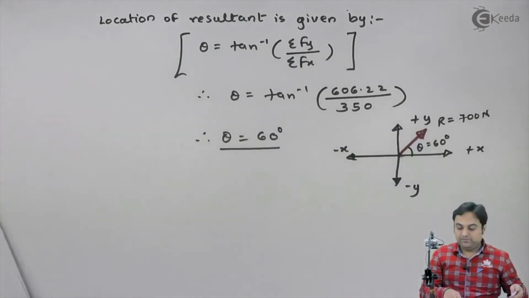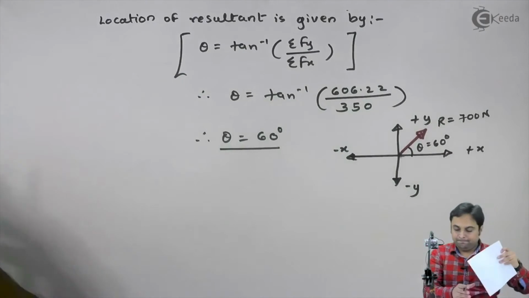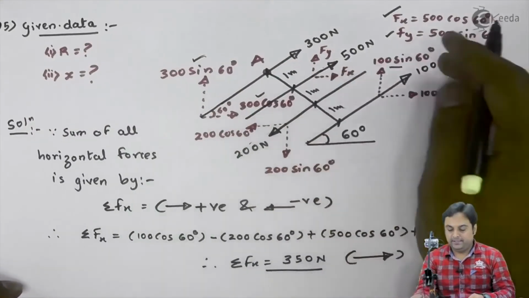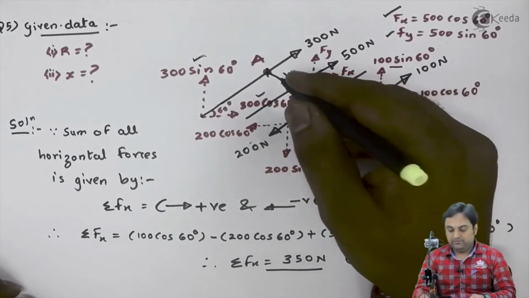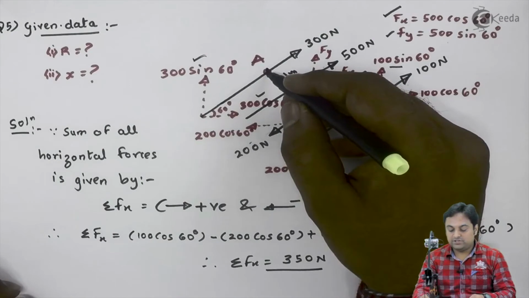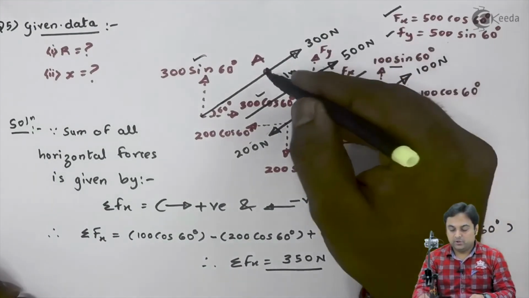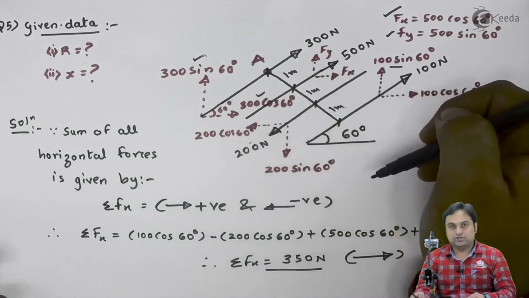Now if we want, we can even locate the resultant with respect to point A. We know that it will be inclined at 60 degree, but we can even calculate its location from point A. Like we have location of 500 Newton with point A, it is at 1 meter. Similarly, you can find the location of resultant.